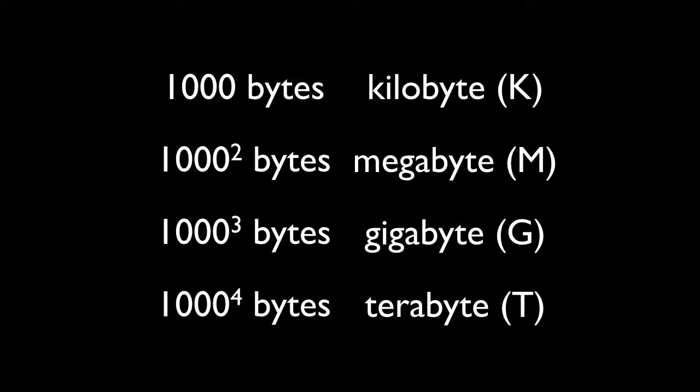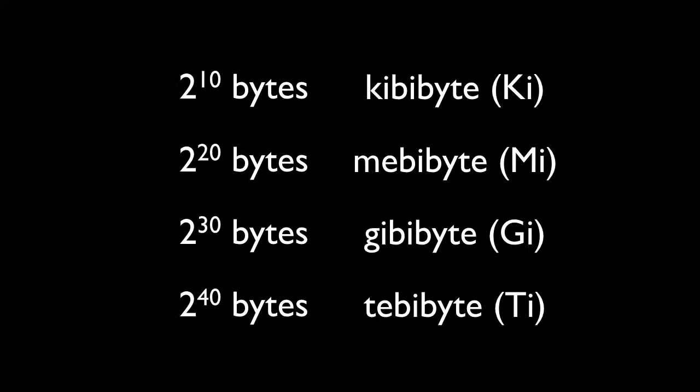Okay, just like we have these things for decimal prefixes, we also have binary prefixes. The binary prefixes are something that computer scientists use because they are more precise. They're not often used, at least not correctly, in the real world.